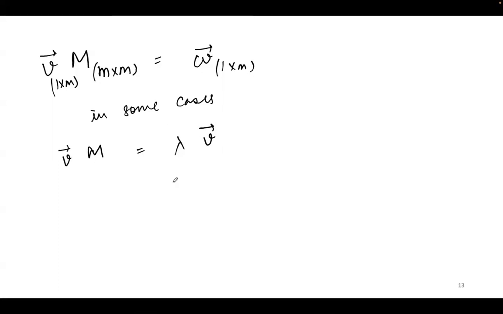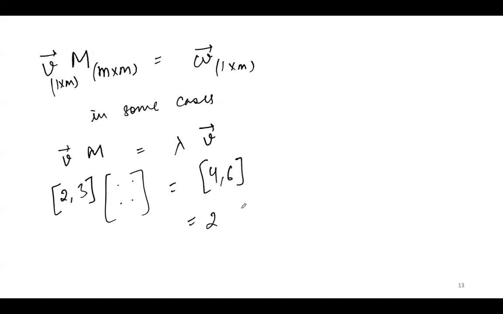Okay, we'll take some example, but let's say what you fed was 2 comma 3, and then here you had some 2 by 2 matrix, and then the output you got, let's say, was 4 comma 6. Now you can write 4 comma 6 as 2 into 2 comma 3, right?